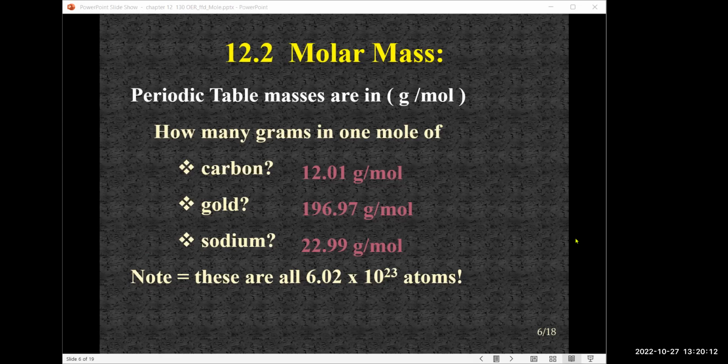We just add up their atomic weights. So carbon, gold, and sodium, their molar mass is given on a periodic table, 12.01, 196.97, 22.99 grams per mole, respectively. If you're weighing out that amount, you have exactly 1 mole of those elements, which means you have 6.02 times 10 to the 23rd atoms.